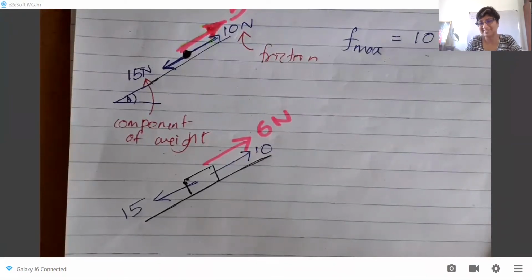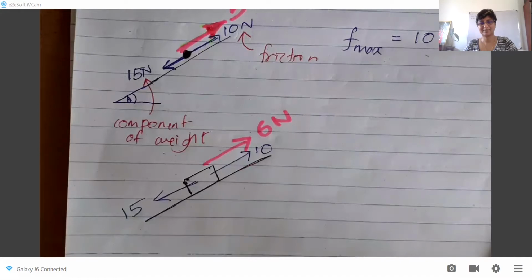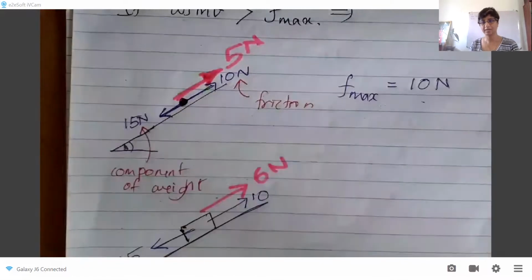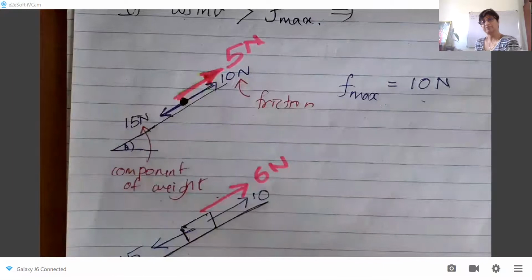What happens here? This 10 won't stay at 10. Think about it like this. In this scenario, I am helping friction to keep it still. Friction was trying to keep it still, but it can't increase itself more than 10.